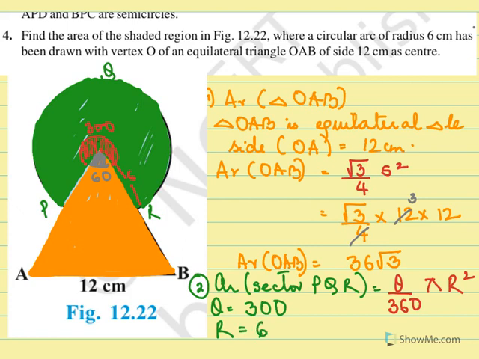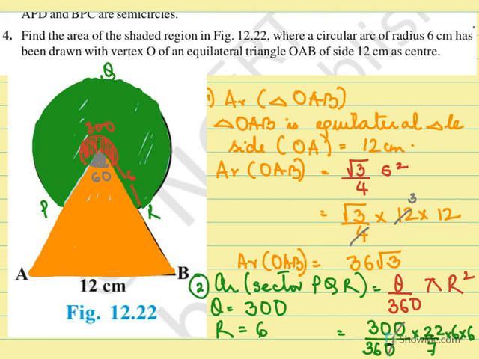If we go ahead and substitute, the area of the sector, theta we know is 300. You know how we got 300? 360. The pi is 22 by 7, and the r is 6. So 6 into 6. This would be the area of the sector.